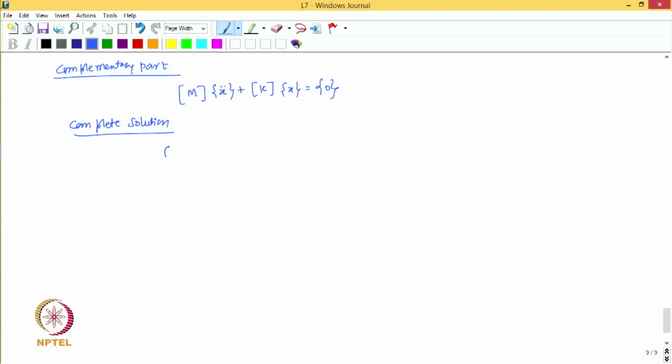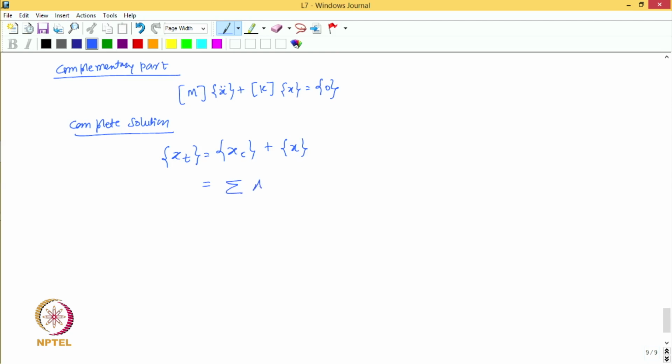The complete solution, which consists of the complementary part and the particular part, can be written as follows. x c would be a linear combination of the free vibration solution, consisting of vibration in various modes.